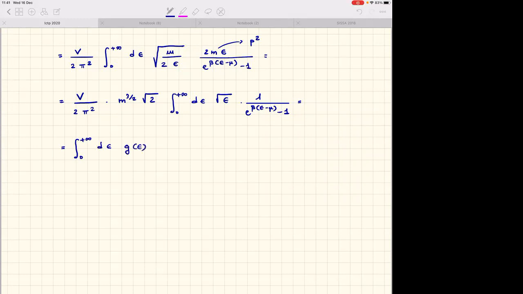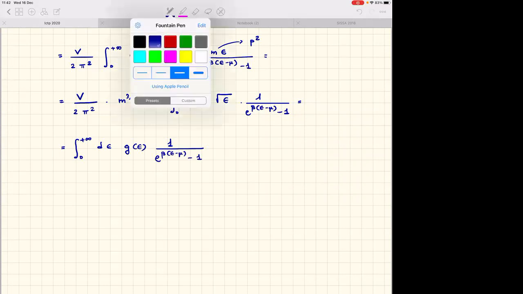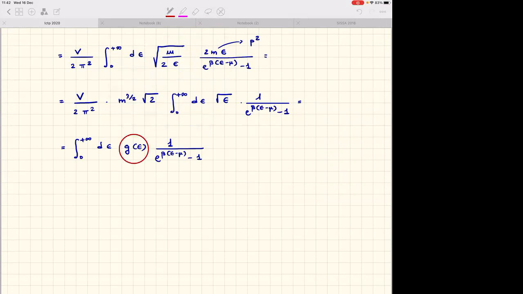This is the density of states with all the dimensionful constants, etc., etc. 1 over e to the beta epsilon minus mu minus 1, where g of epsilon is V over square root of 2 pi squared times m to the 3/2 times square root of epsilon.